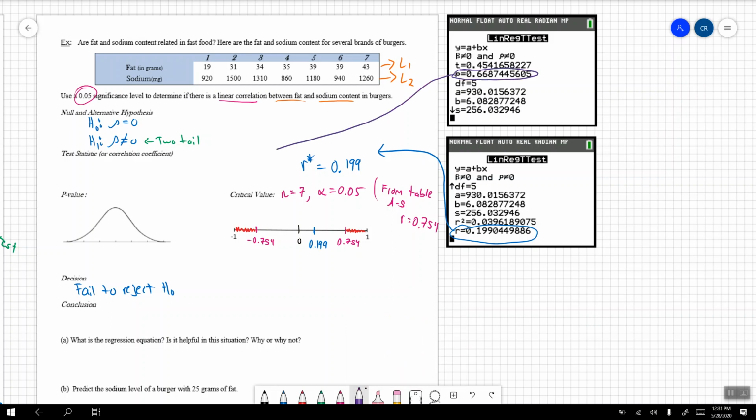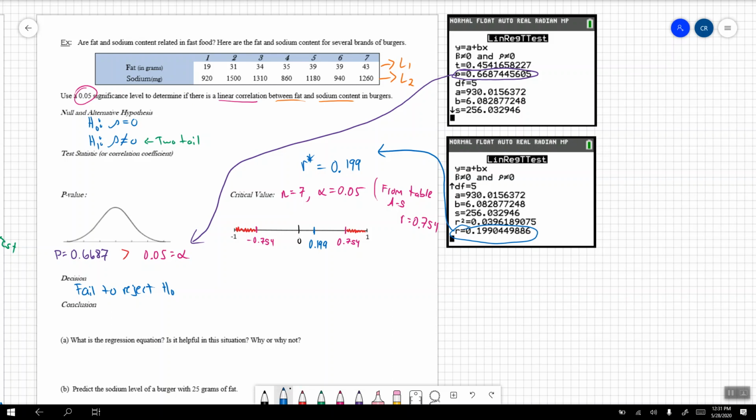My p-value in this particular instance is 0.6687. My alpha level is 0.05. Remember, if the p is low, the null must go. But in this instance, the p is not low. The p is actually larger. So if the p is larger, the null must not go. Therefore, we must not reject the null hypothesis.